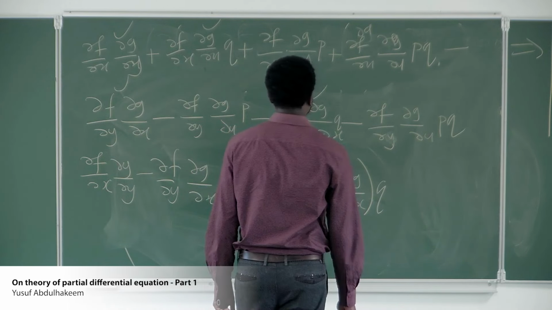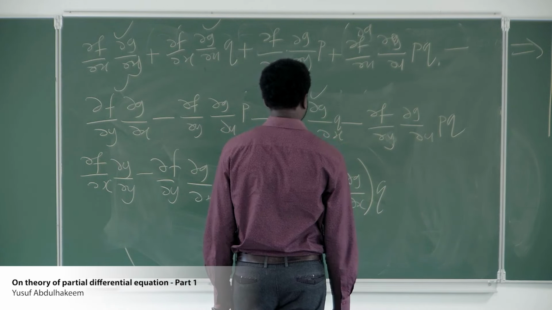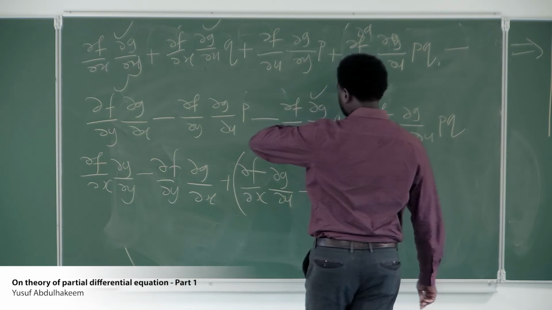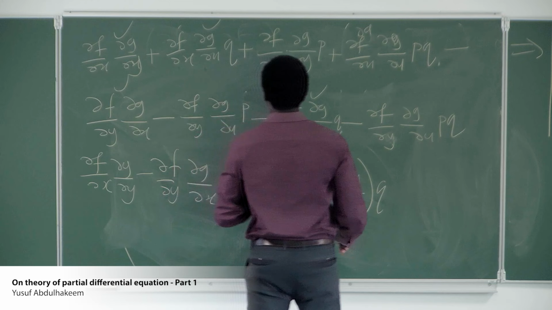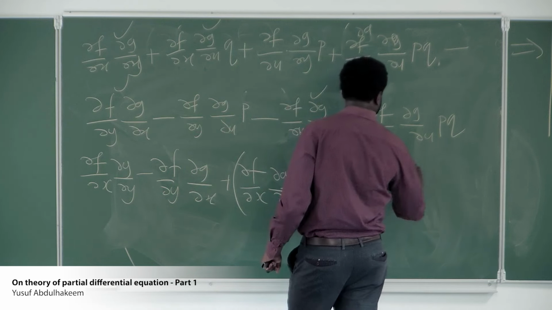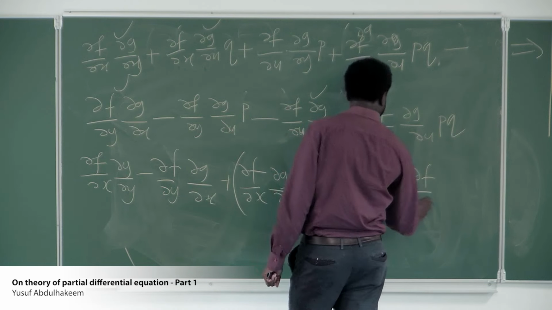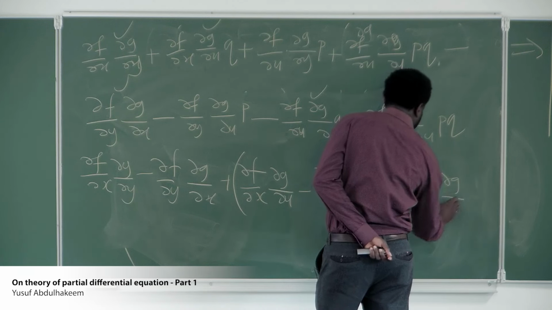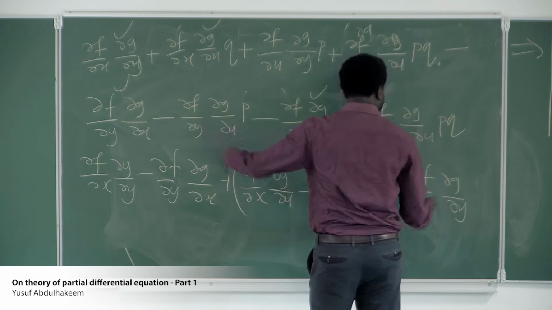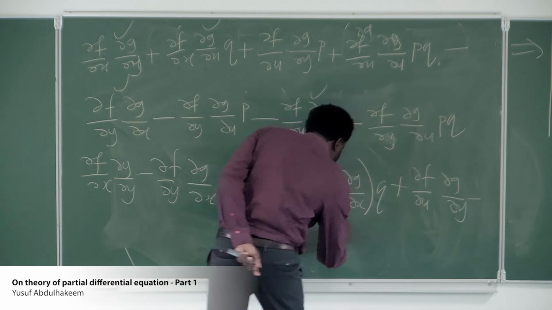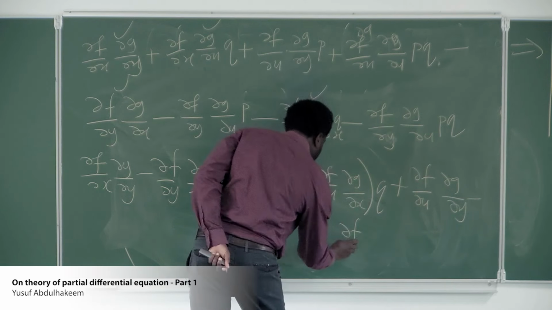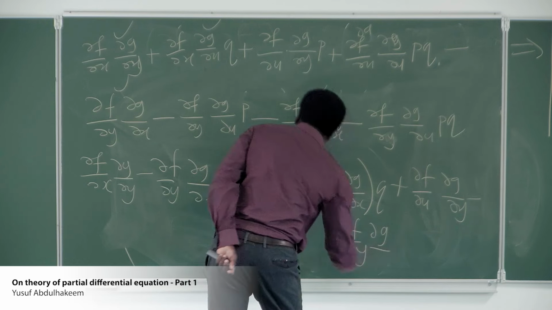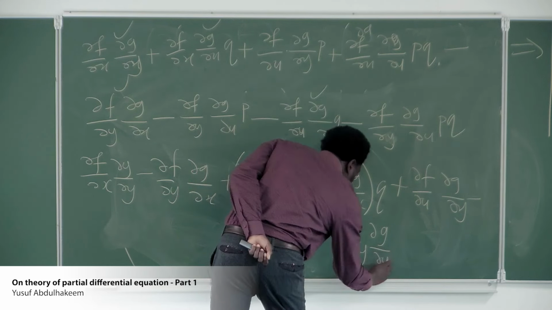We have them. Then the next one we're going to look at is this and this. So that will give us plus ∂f/∂u ∂g/∂y, then minus ∂f/∂y ∂g/∂u.